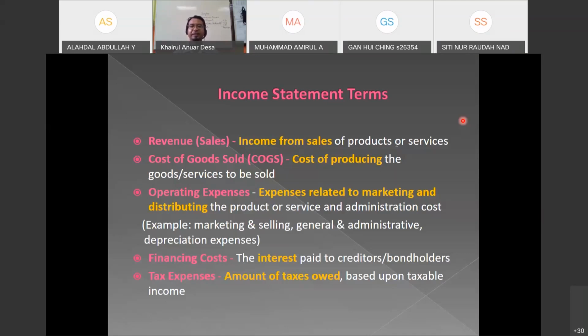Alright. Syarikat-syarikatnya seperti TM. Kita ada TM Unify. Okay. Internet provider. Mereka menyediakan perkhidmatan internet. Celcom. Okay. AirAsia menyediakan perkhidmatan pengangkutan udara.